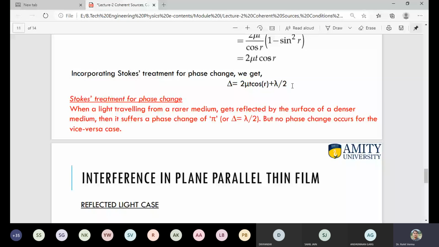Now what we have to do? We only have to apply the condition which you have written in the previous lecture.